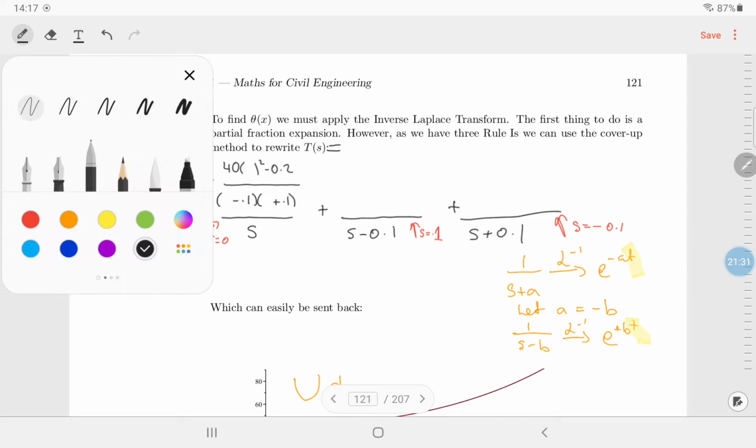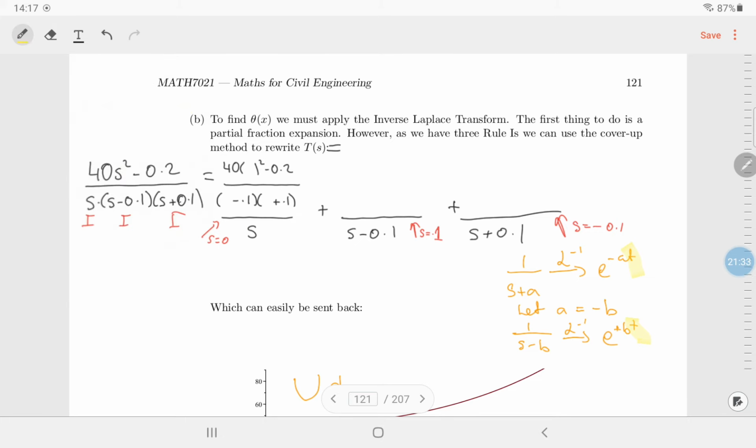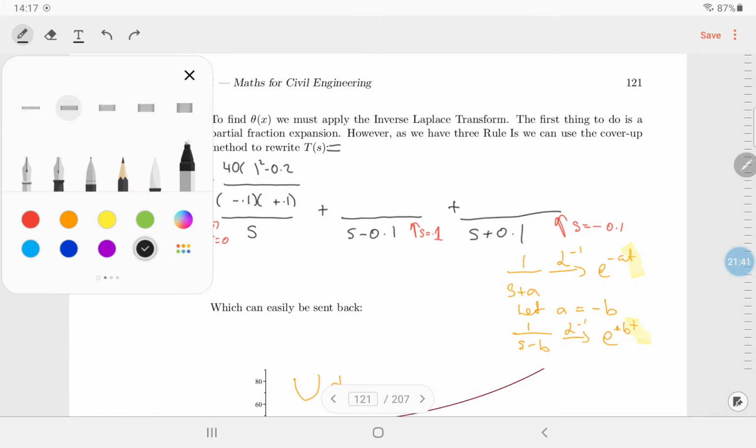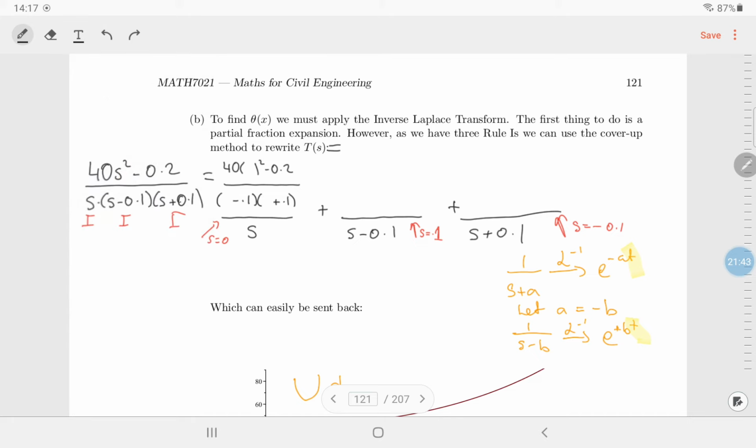If you cover up s minus 0.1, look what you're left with: the 40 s squared minus 0.2 over s times s plus 0.1. So what are you left with there? 40 s squared minus 0.2, and you're left with s and s plus 0.1.